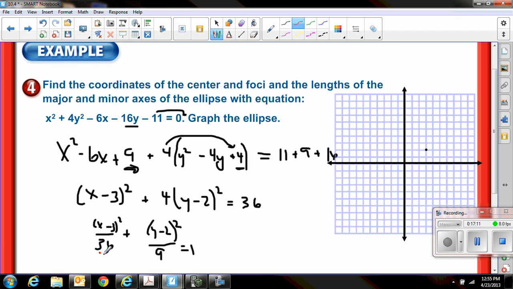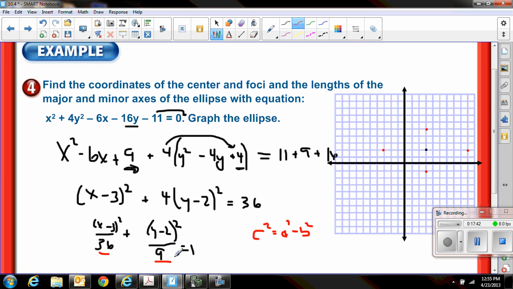So we'll start off with A. A is the square root of this number, which is 6. So it's 6 units to the right and 6 units to the left. B is the square root of this number, or 3 units up and 3 units down. And the last thing that I need to see, keep in mind C squared is A squared minus B squared.